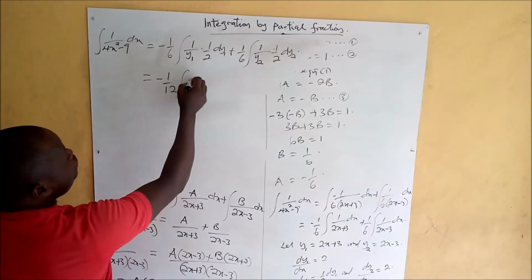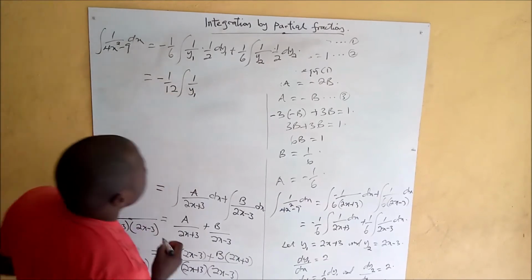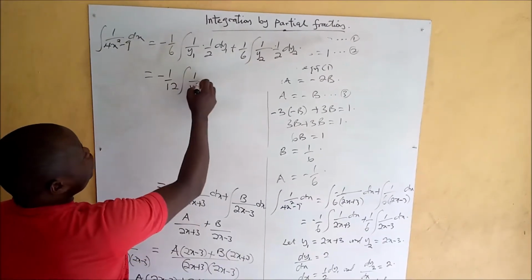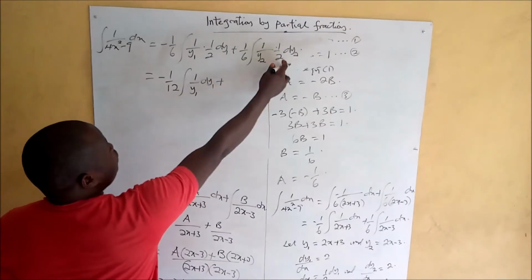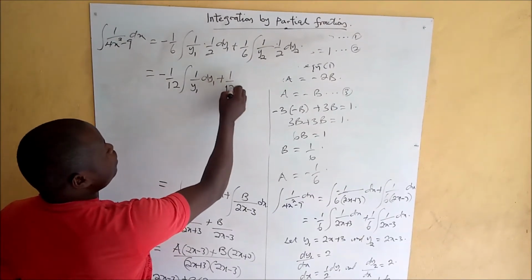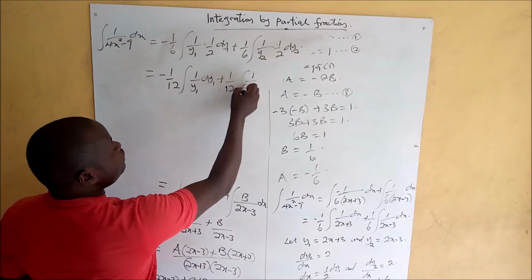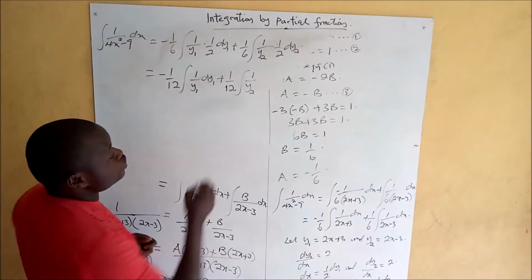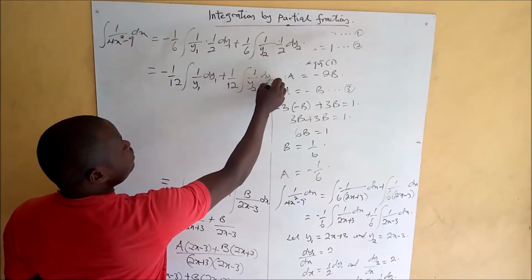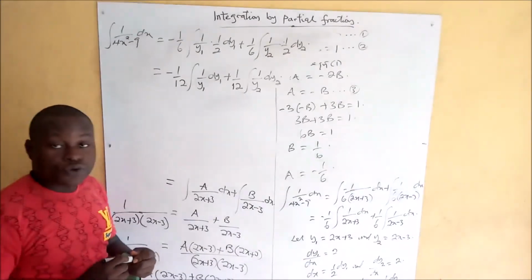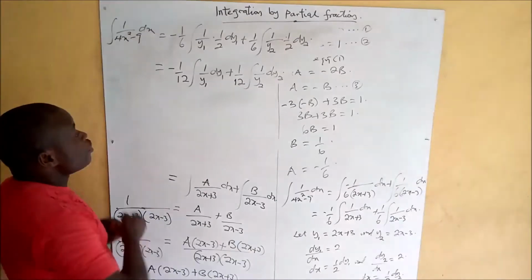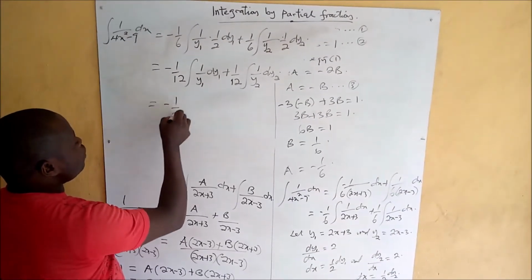Then the integral of 1 over y1 dy1, plus, this will multiply this, we will have 1 over 12, then the integral of 1 divided by y2 dy2. So furthermore, this will be equal to minus 1 over 12.